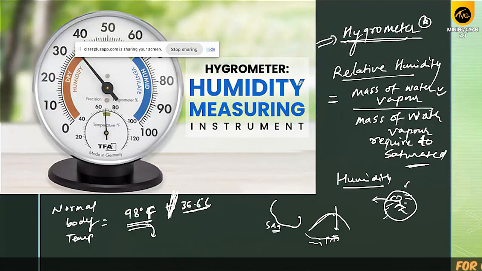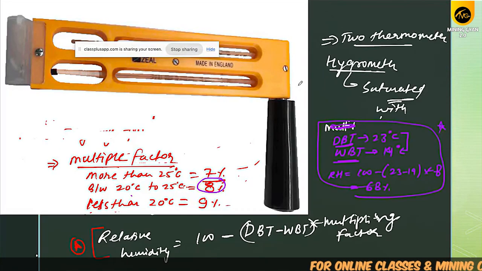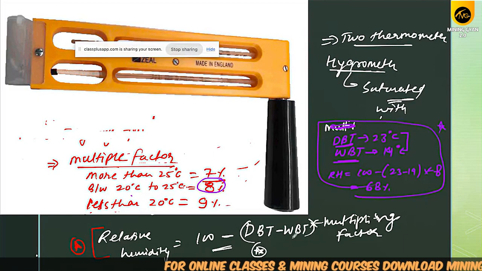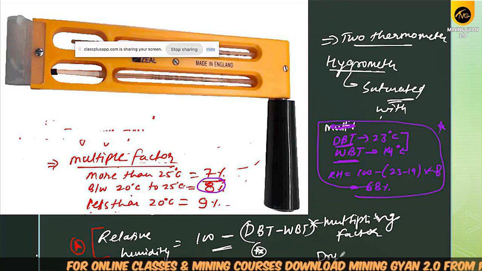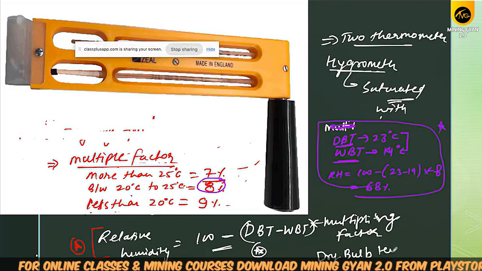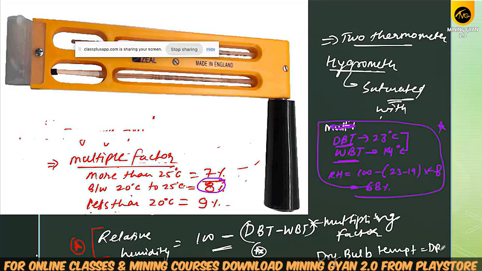Normal body temperature we have seen, but it is a normal GK question, maybe you know it or not. Then we have seen the relative humidity formula, 100 minus the DBT minus WBT. I told you DBT means dry bulb temperature, and WBT means wet bulb temperature.